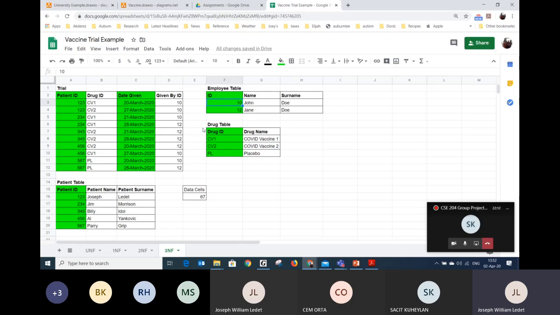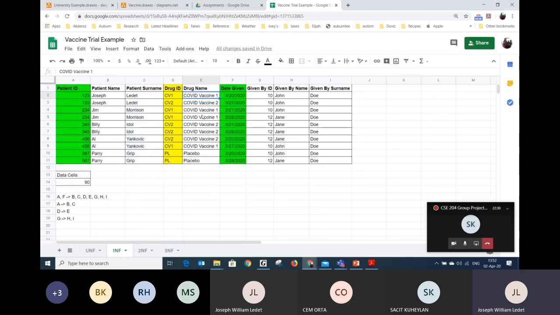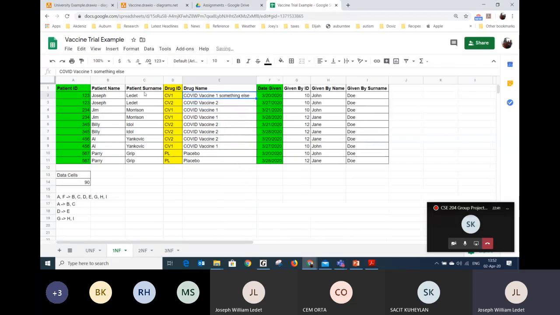We've drastically reduced the redundancy. We have greatly reduced the amount of space we're taking up, and we are no longer susceptible to update anomalies. If, for example, somebody comes in and says we're going to change the name of this to something else, well, the problem is it's changed here, but it's something else here.